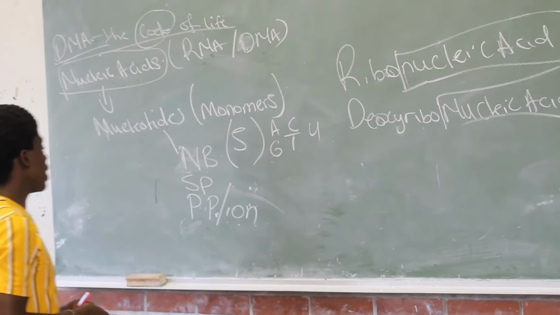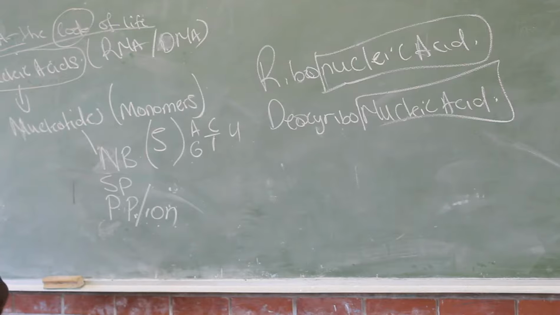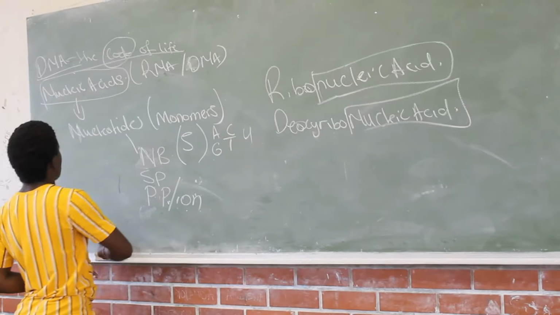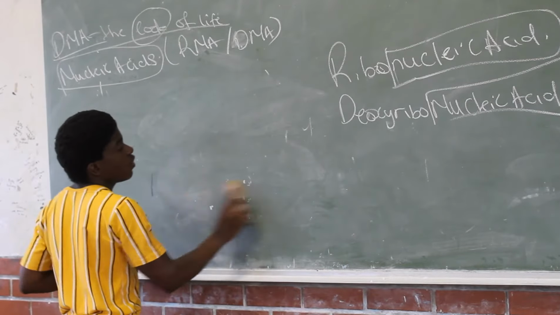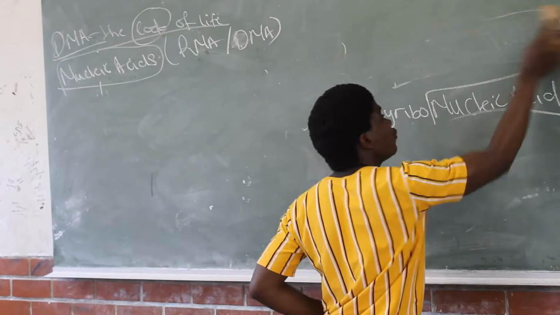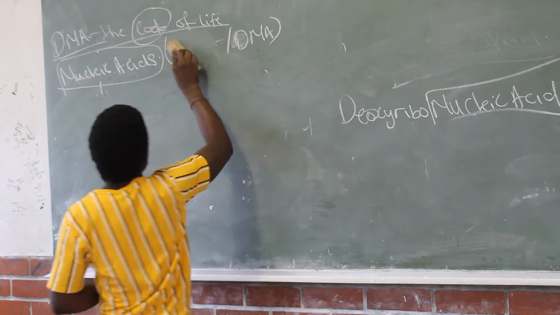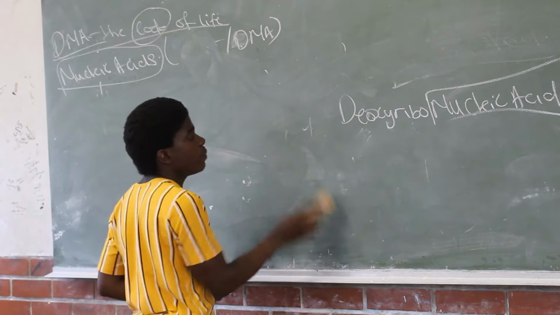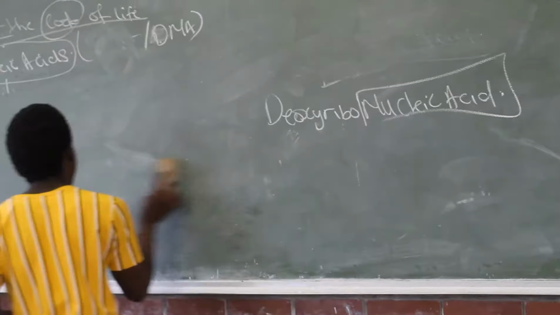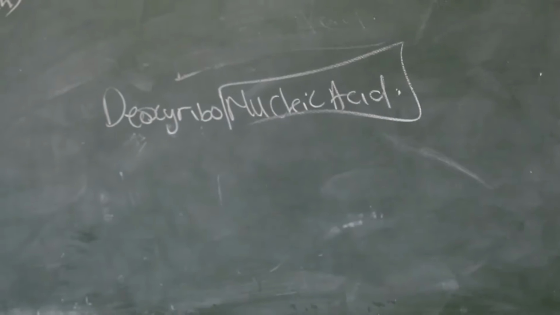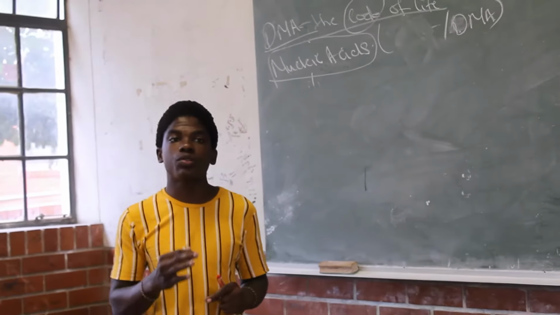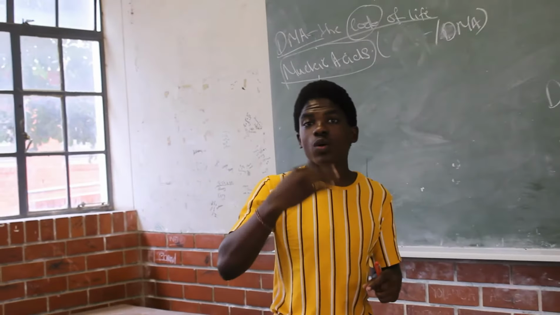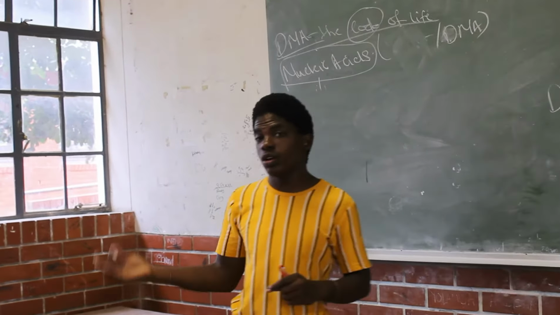Now let's talk about DNA. When we are talking about DNA, we are talking about deoxyribonucleic acid. We have 3 types of DNA. When we're talking about DNA, we talk about its location. We name DNA using its location.